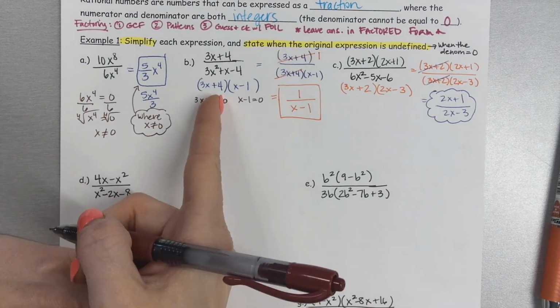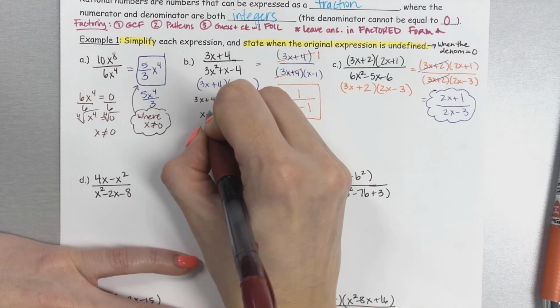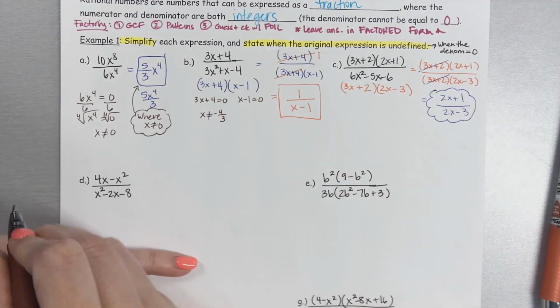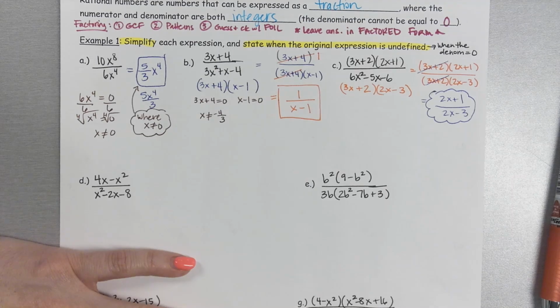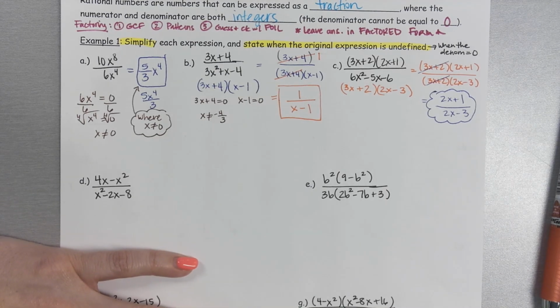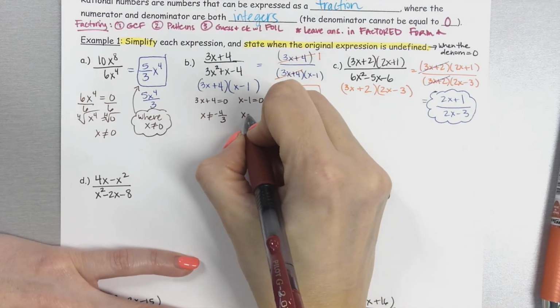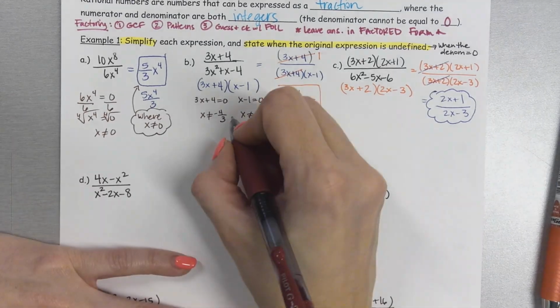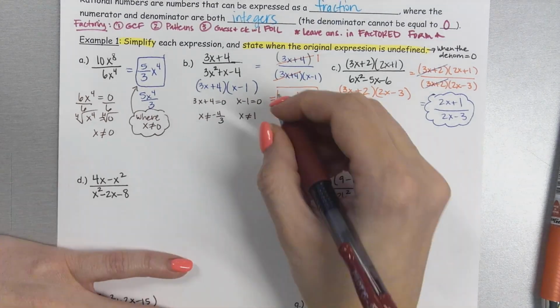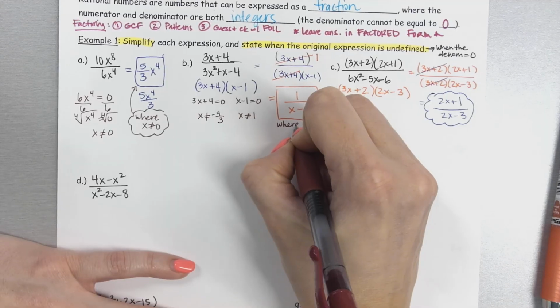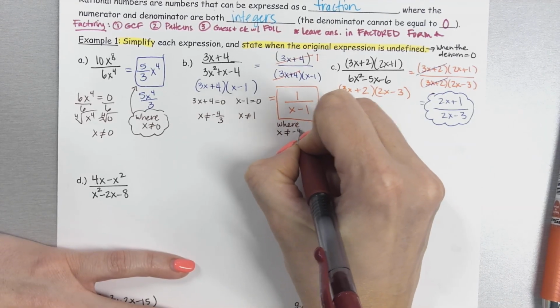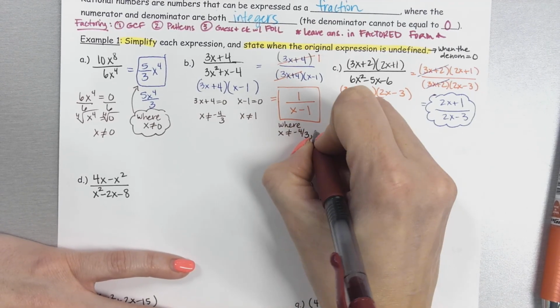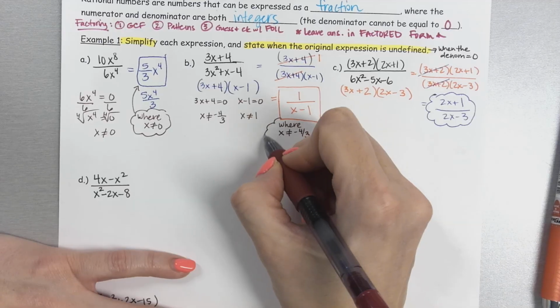And I'm fine if you go right to that to say it can't be negative 4/3. Subtract 4, divide by 3. And this one you could just jump and say x can't be 1. So then you can just say x can't be negative 4/3, and if you just want to write a comma, you can, or you can write them both.